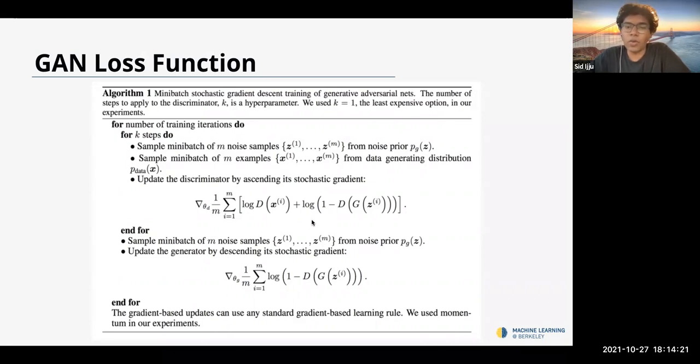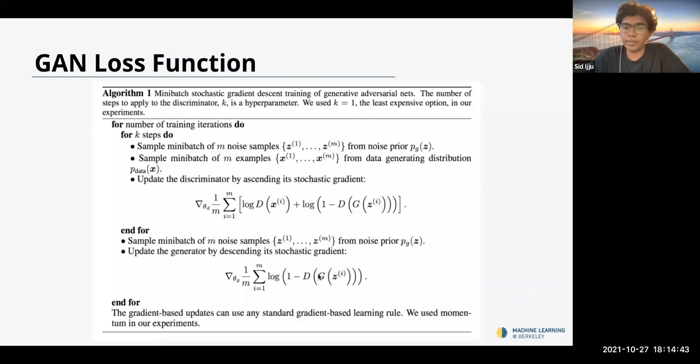So you sort of want the generator to be a little bit worse than the discriminator, because you want the discriminator to improve its loss as well as the generator's loss. And then you want the generator to improve its own loss with respect to how the discriminator looks at it. And so that's this term 1 minus D of G of z.